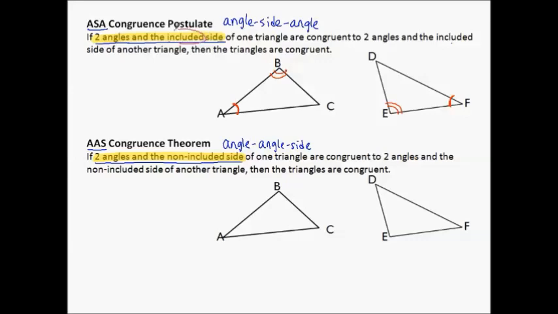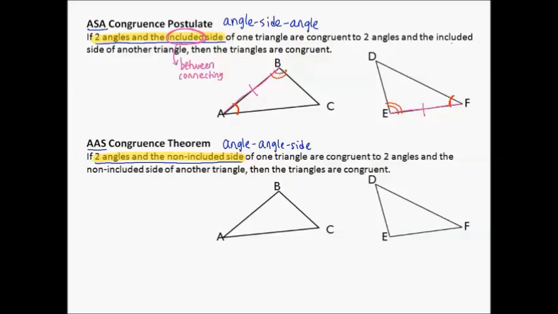What does that mean, the included side? Well, included before meant between. Still means between, or we can think of connecting. Connecting this angle to this angle is this side. Connecting this angle to this angle is this side. That's how angle side angle looks.